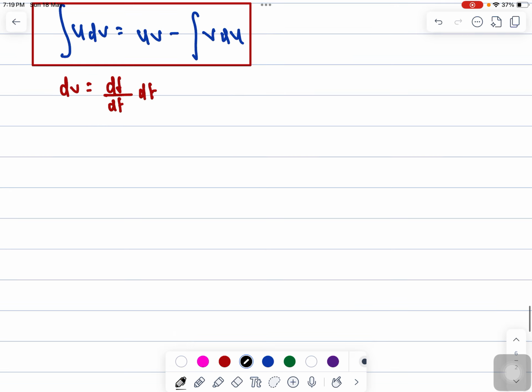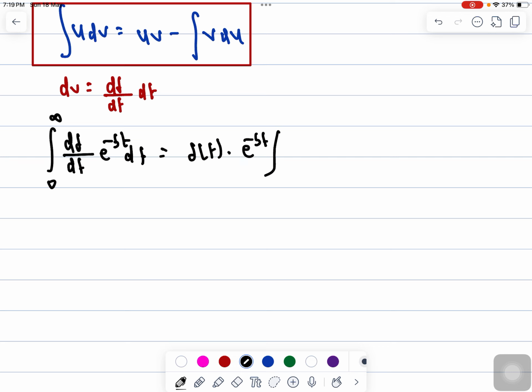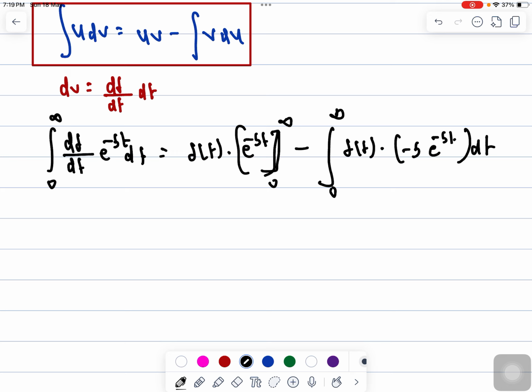So the integral from 0 to infinity of df by dt into e to the power minus st dt can be written as f(t) into e to the power minus st from 0 to infinity, minus the integral from 0 to infinity of f(t) into minus s into e to the power minus st dt, exactly the same way that I am writing here, right?